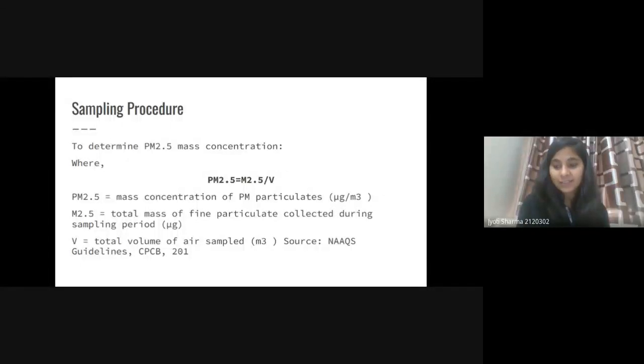Can you guess? We have two quantities: the first is flow rate and the second is time. Either we can divide, multiply, subtract, or add. So what will we do with these two quantities to calculate the volume?